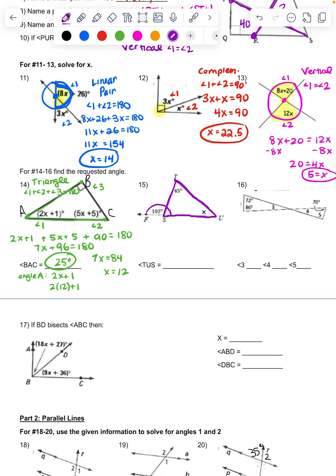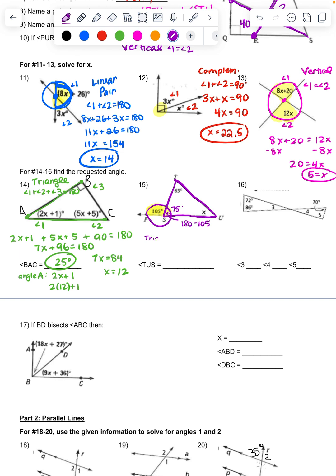And what I know is that together, this outside angle and this inside angle form that half circle relationship, which is called a linear pair. So I can find this angle by doing 180 minus 105. So now I have the inside angle is 75.